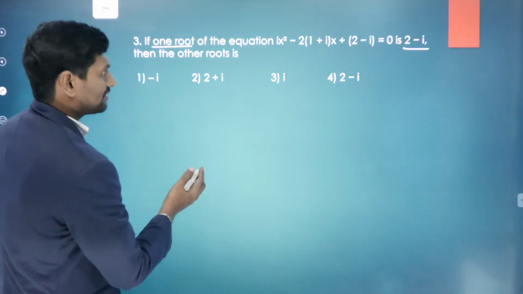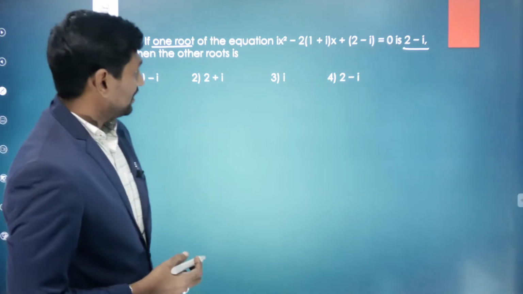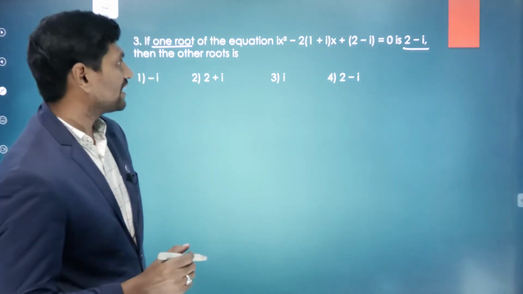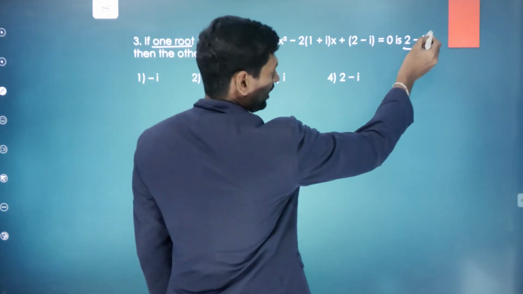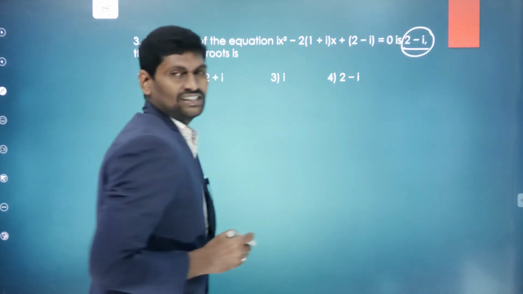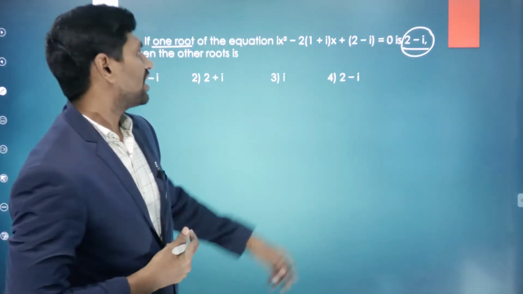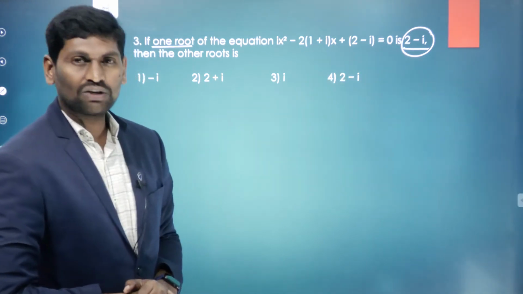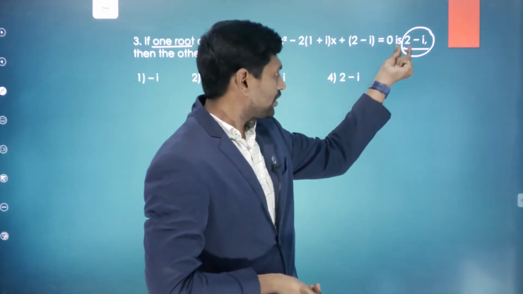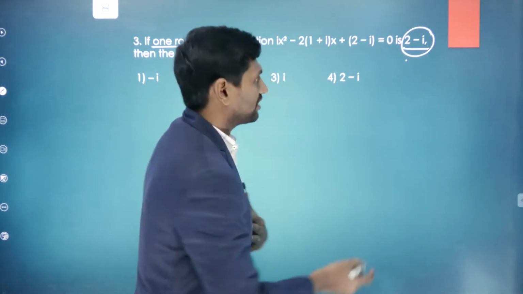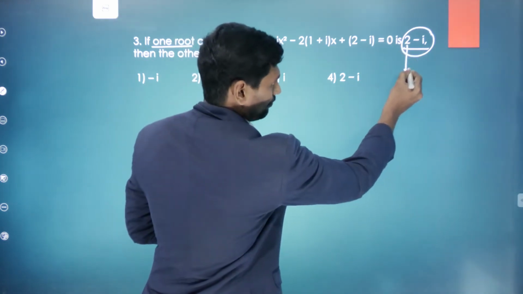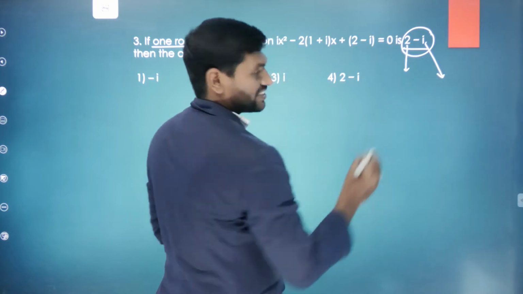So let us check that. By the process we can do it, or directly: 2 minus i is a complex number, in which the first part is the real part and the second part is the imaginary part. Here 2 is called the real part, i is called the imaginary part.